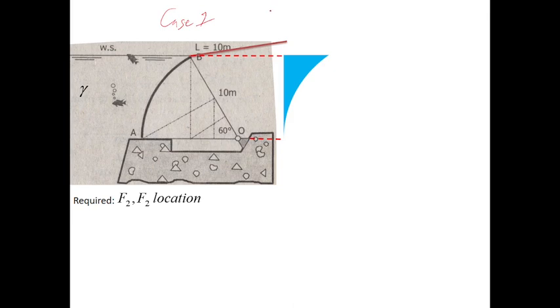Case number 1, hydrostatic force on a curved surface. So sa case number 1, fluid is above the curved surface. Pag above the curved surface, ito yung ating magiging component ng hydrostatic force F2. No? So yan ang magiging component. So downward.